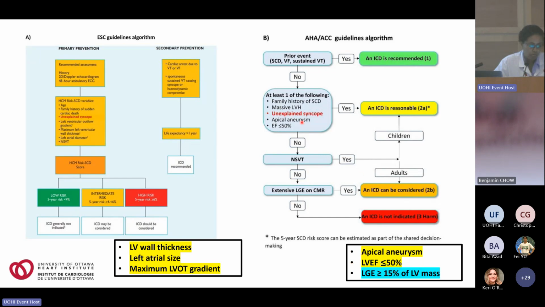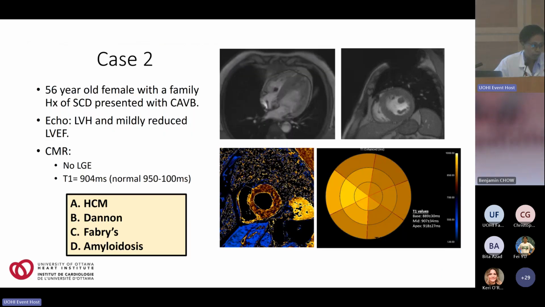It could be apical aneurysm or LV dysfunction. LGE has fallen out of favor in terms of the strength of recommendation. It's now a 2B. And we know that there are studies showing that the ESC guideline algorithm actually outperforms the AHA in terms of risk stratification.